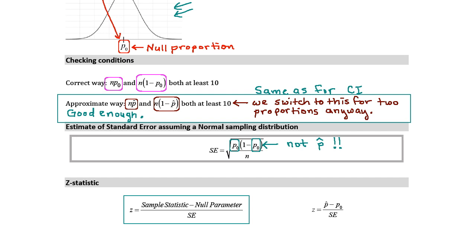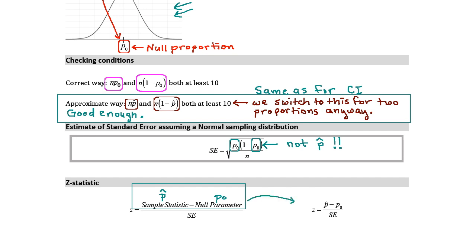If we fill in what those are in the context of one proportion, the sample statistic is always p hat, the null parameter is always p naught, and so our numerator can be written in a much more compact form, and we get to one formula that we can always use for our test statistic when we are working with one proportion, p hat minus p naught divided by the standard error. So let's put all of this to use now in checking some conditions and setting up and answering a hypothesis test in context.